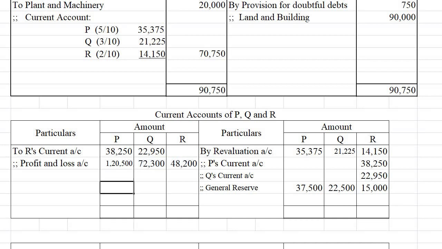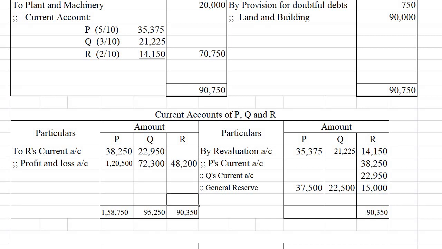So let us write the total: 1,58,750 for P, then for Q 95,250, then for R 40. For R here the debit side is less, so for R the credit side is more. How much? 90,350. That will be shown on the debit side.